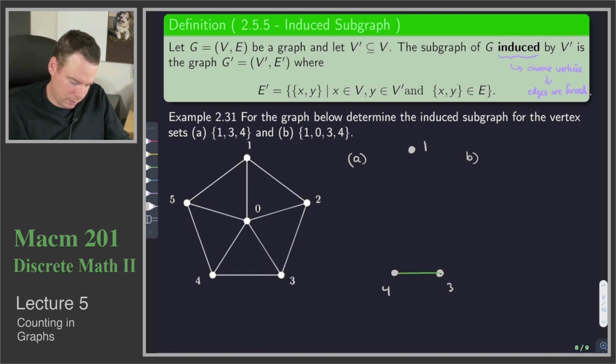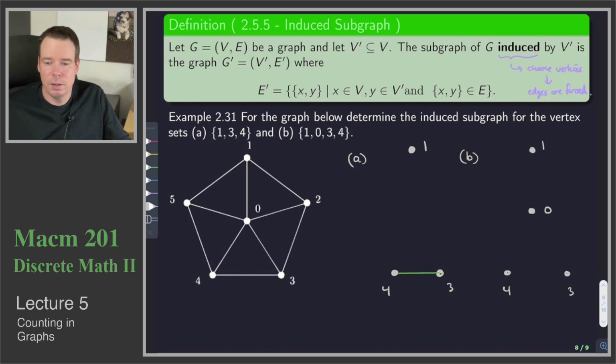Let's do another example. 1, 0, 3, 4 is going to be our next one. So 1, 0, 3, and 4. Again, with an induced subgraph, the idea is you pick whatever vertices you want. In this case, we're told to take 1, 0, 3, 4. Once you have those vertices, you are forced to take the edges that exist in the original graph that connect any two of these vertices together.